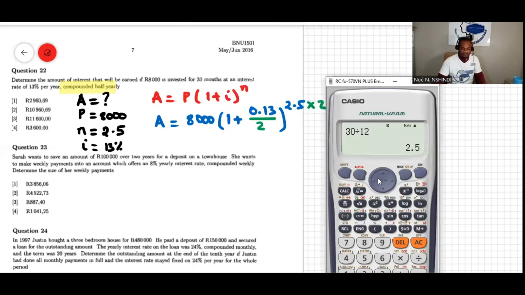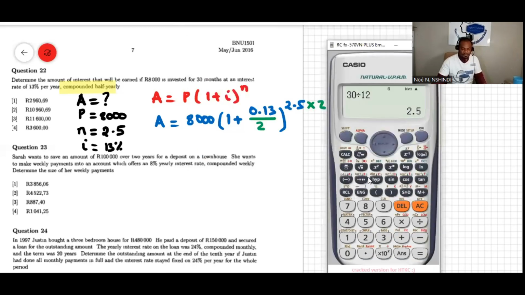This will be 8,000 open brackets 1 plus 0.13 over 2, all to the power of 2.5 times 2, equal this amount.